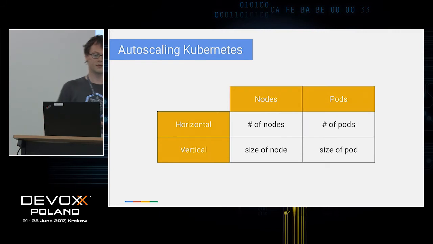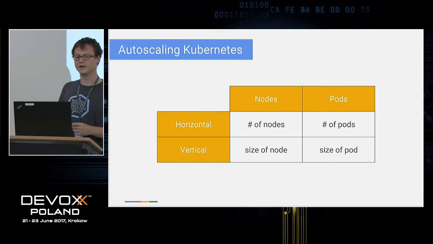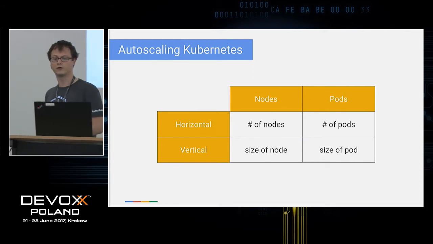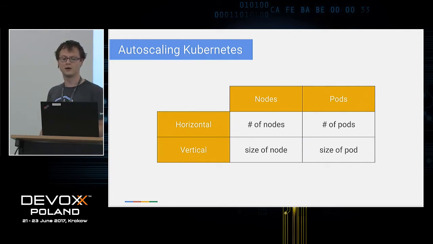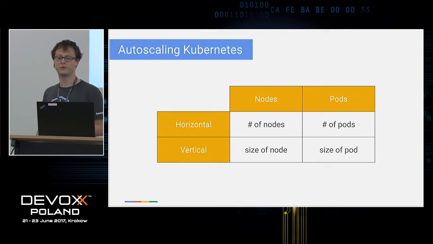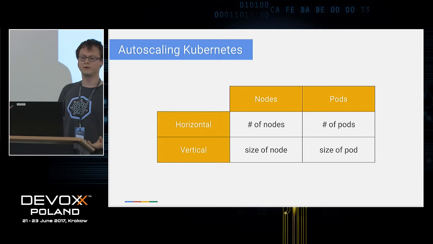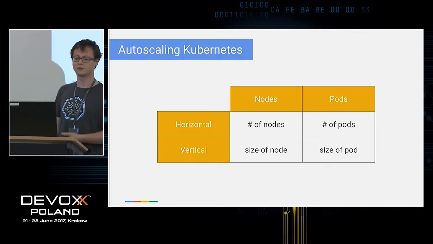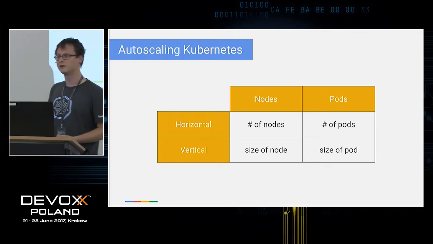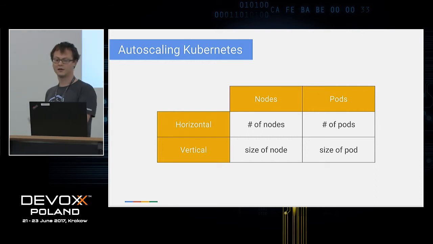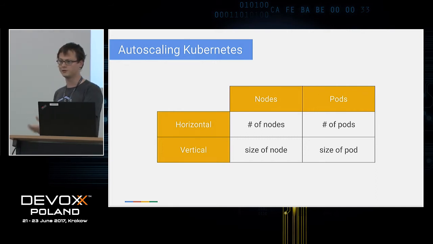OK, how can we do the autoscaling in Kubernetes now that we have some concept of what we want to autoscale? As I had said, we have pods, which are instances of our application, and we may want to autoscale those. So basically just provide more resources from our cluster to a given application based on the load.